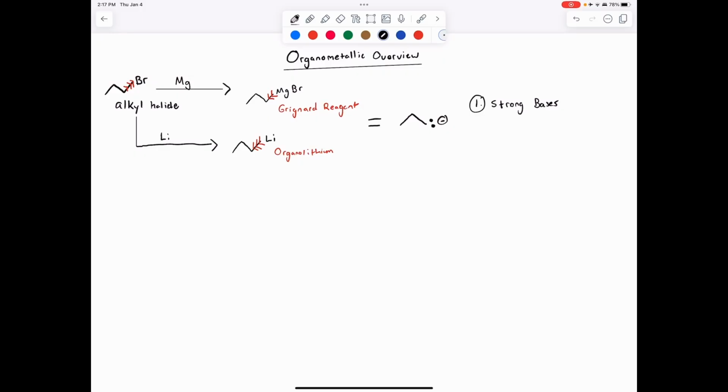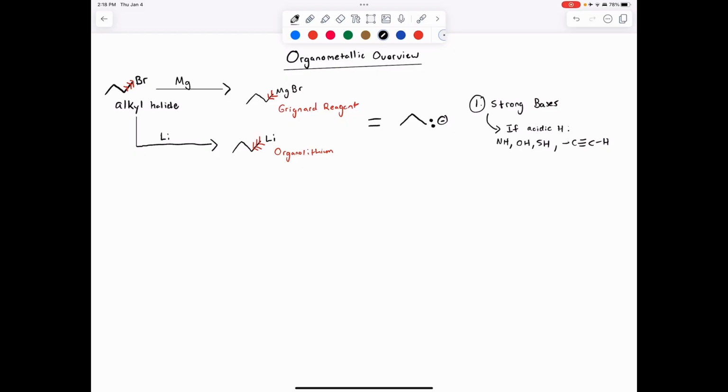Now, they only act as a strong base if you have sources of acidic hydrogen. So let's designate what that means. Let's say NH, OH, SH, or even a carbon-carbon triple bond with a hydrogen hanging off the end.